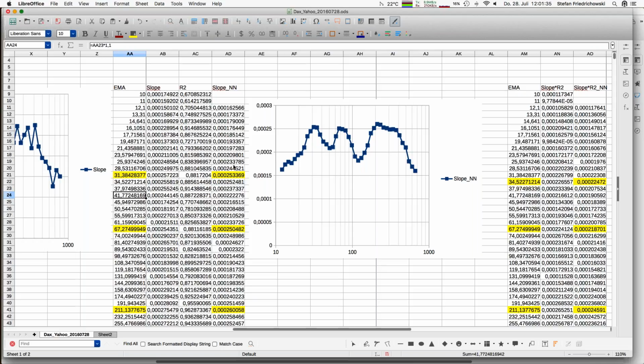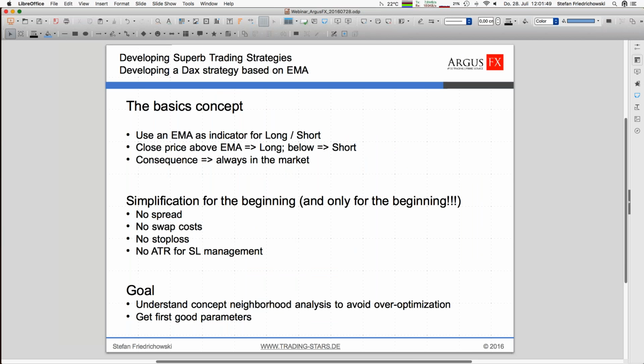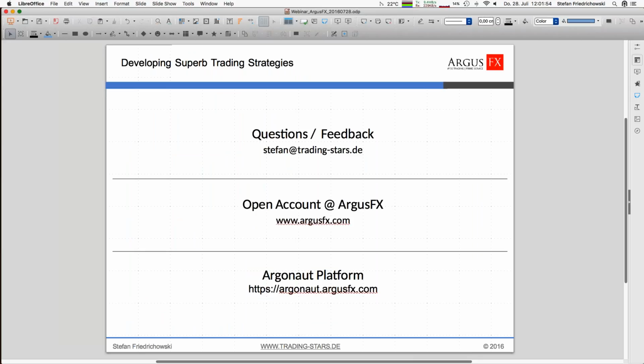So as a first concept, we know already the strategy looks good. We have some certain ideas of EMA values which we can use. And you have already seen how simple it is to go from historical data already to an idea of a strategy, every step done just in Excel.